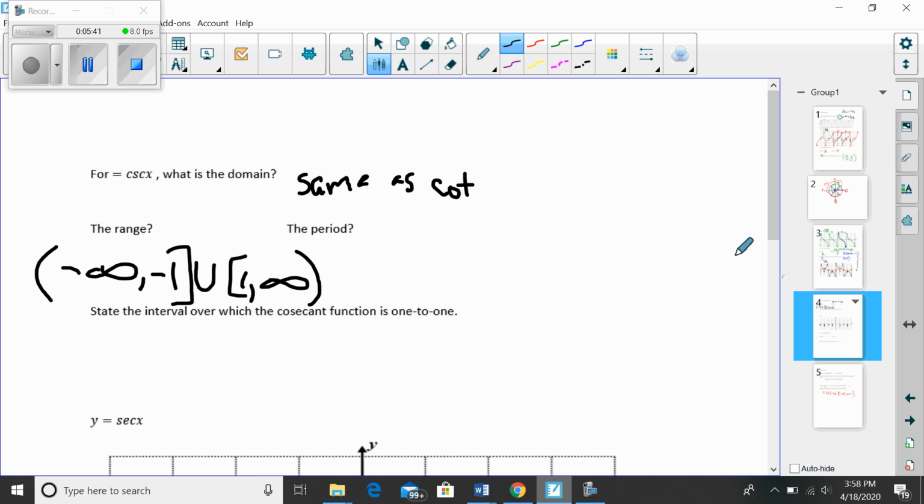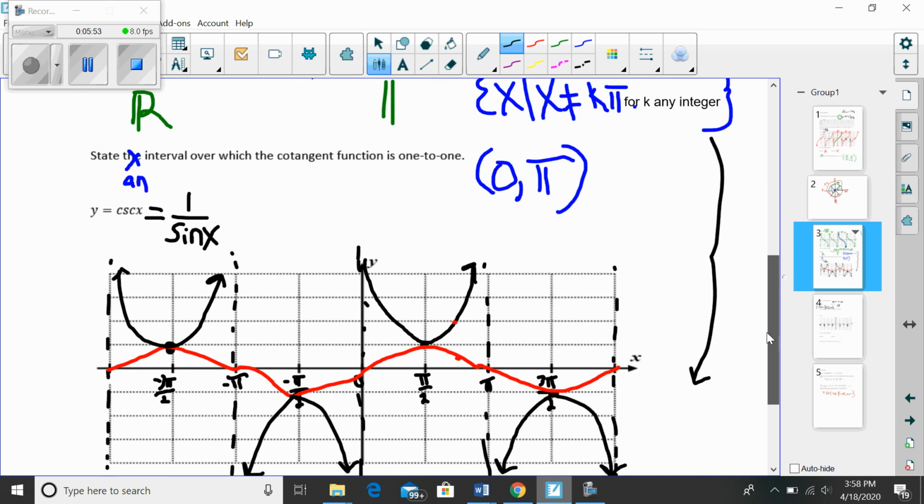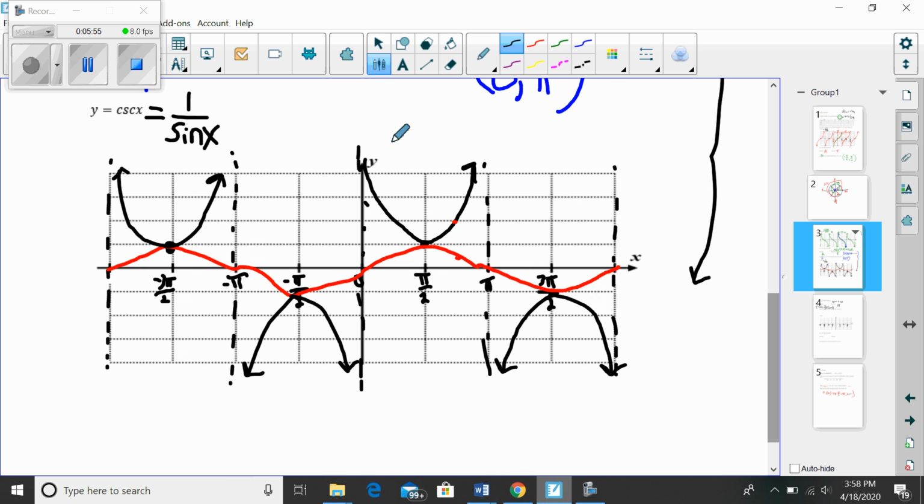And then the period: it does take me 2 pi units to complete a full cycle of the cosecant curve. So from here to here is considered a full cycle.